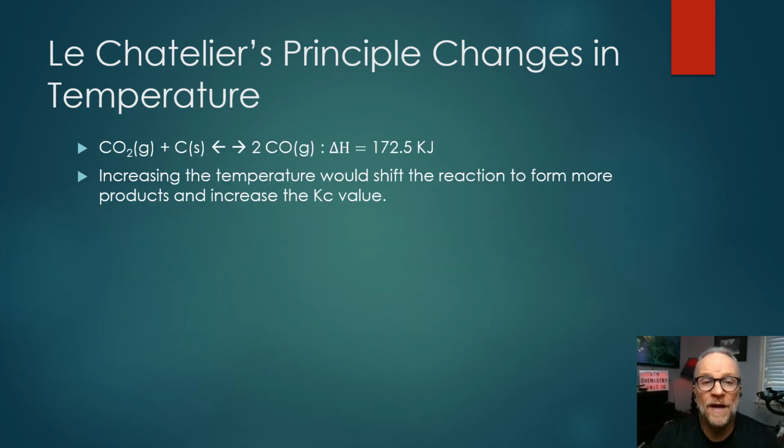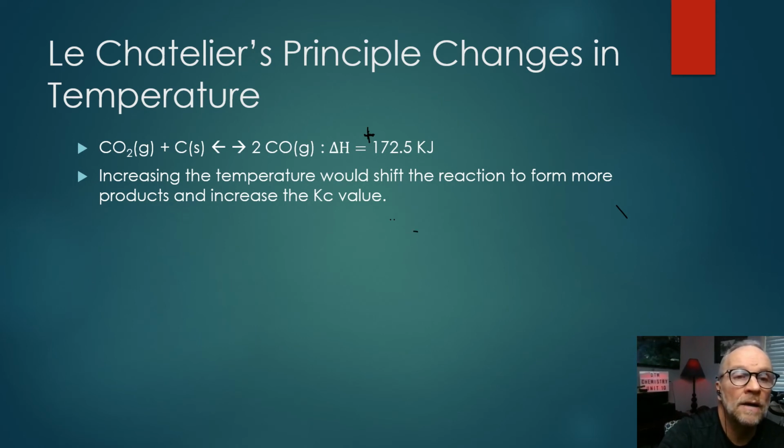Le Chatelier's principle: increasing the temperature would shift the reaction to form more products and increase the Kc value. Here we have an endothermic reaction. When you don't see a sign, it's assumed to be positive. So you can think of the heat being on the reactant side of the reaction.